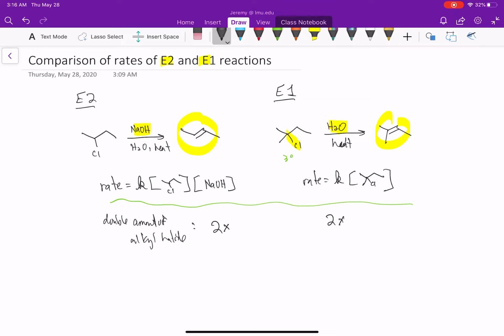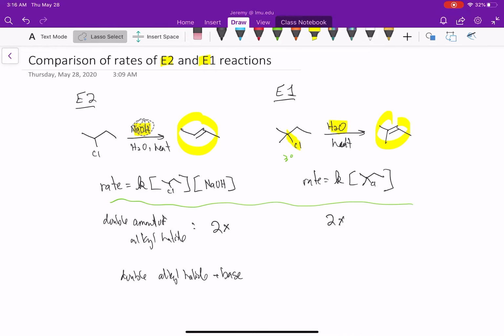In the E2 reaction, what would happen if I double the amount of the alkyl halide and the base? If I double this amount, I have twice as much here.